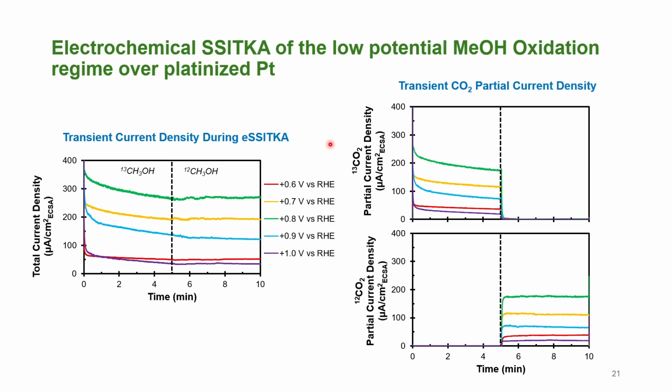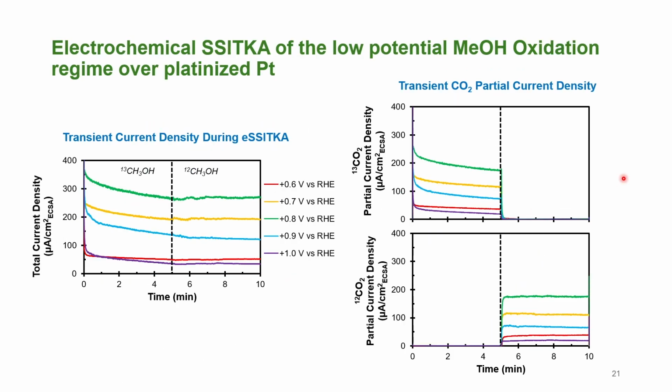Then at 5 minutes, we rapidly switched that electrolyte to an electrolyte containing C12 labeled methanol, and we were monitoring the corresponding 45 signal, which is C13 labeled carbon dioxide, and the 44 signal, which is C12 labeled carbon dioxide, which we converted into these partial current densities using the calibration slope from the previous slides.